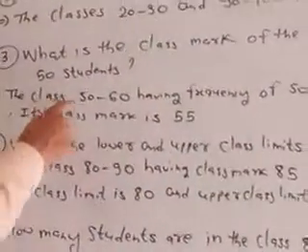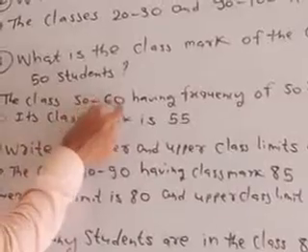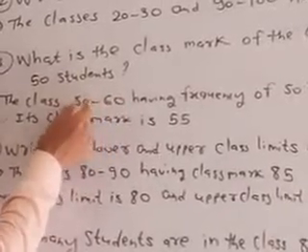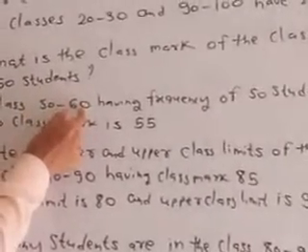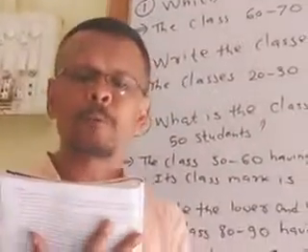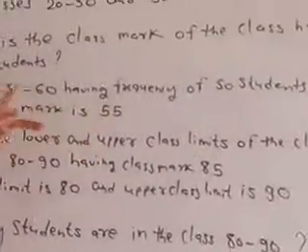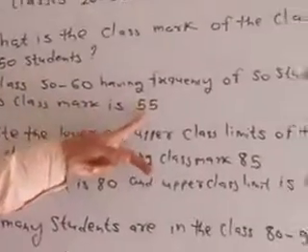Now what is the class mark formula? Lower class limit plus upper class limit upon 2. 50 plus 60, 110, upon 2, 55. So that coordinate will be 55, 50. So the class mark is 55. Therefore, the class 50 to 60 having a frequency of 50 students has class mark 55.